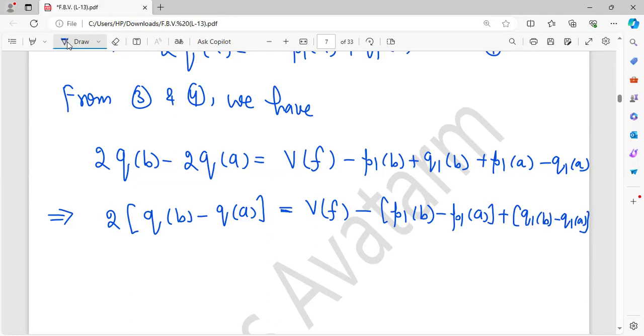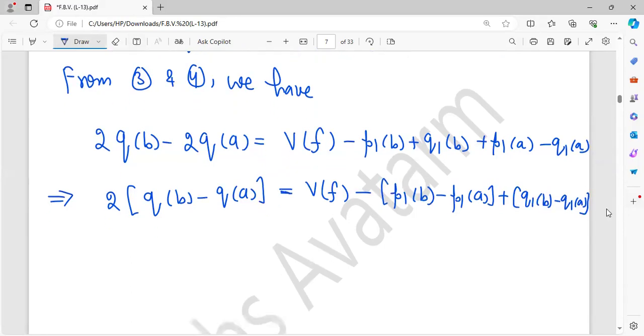But p1, q1 and q are monotonically increasing.